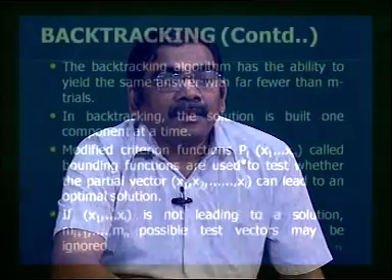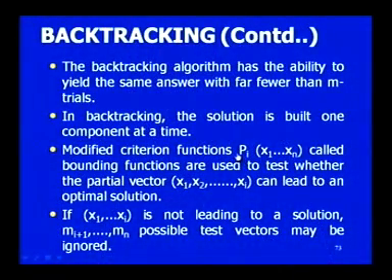So, you can see very well in this slide, we are going to define criterion functions pi of x1 to xn, and these are called predicates or criterion functions.